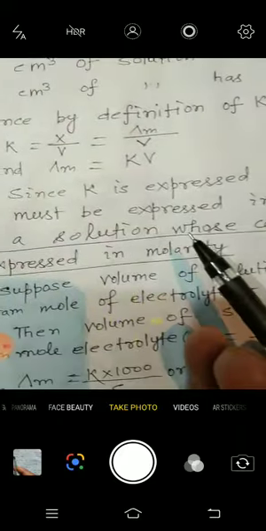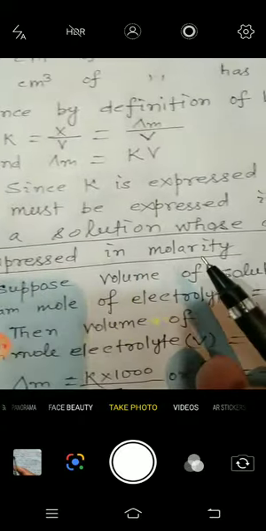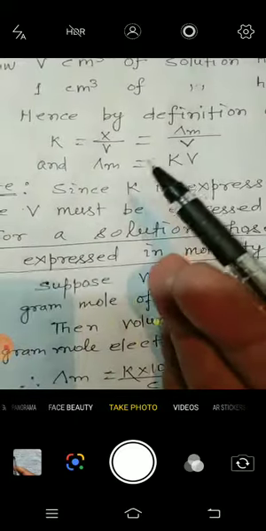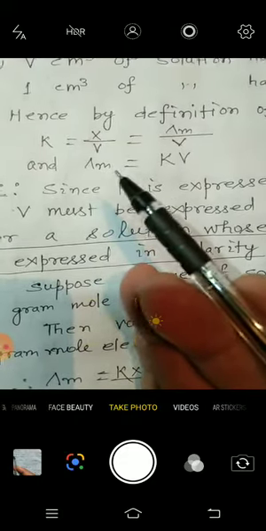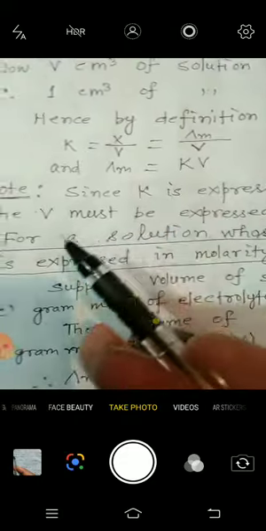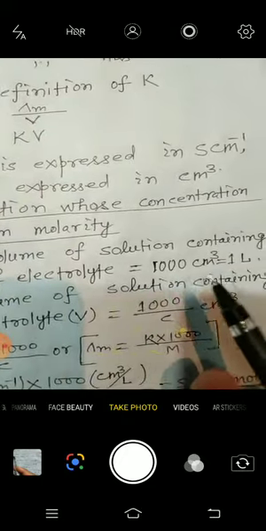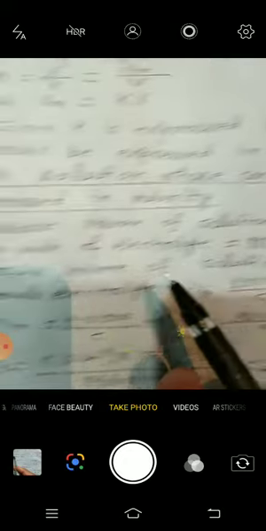For a solution whose concentration is expressed in molarity, this relation will come in another form. Suppose the volume of solution containing C gram mole of electrolyte is 1000 cm cube, that is 1 liter.